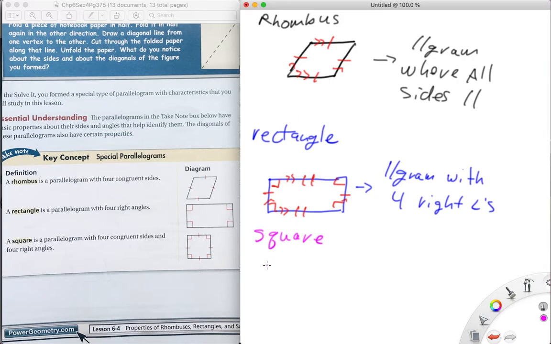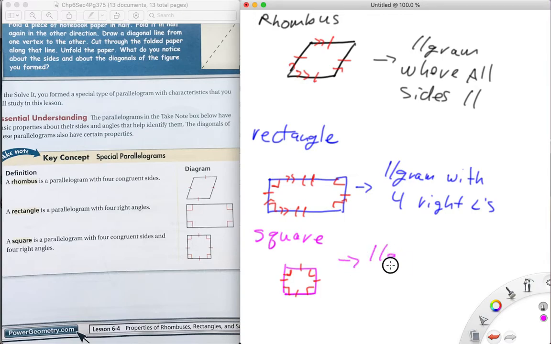And we say that a square is a rhombus that has all sides congruent and four right angles. So it puts those two characteristics together. All sides are congruent, and there are four right angles. We just merge the two. We add the two conditions together.